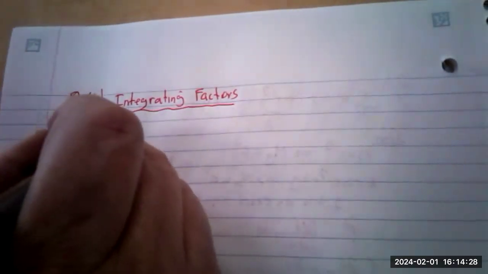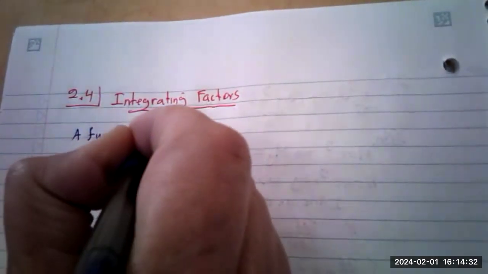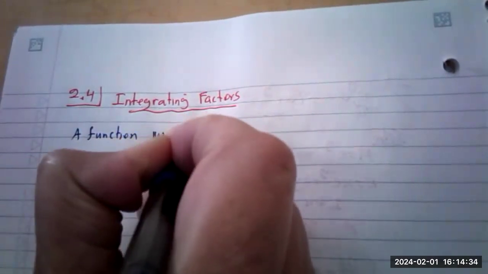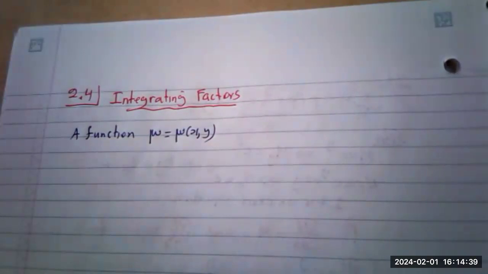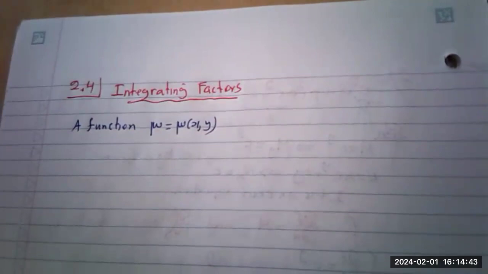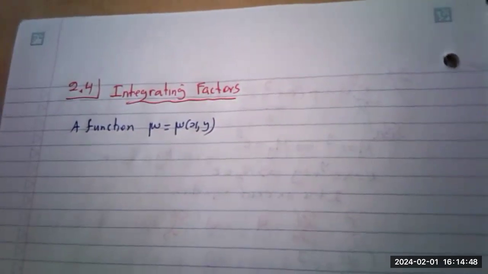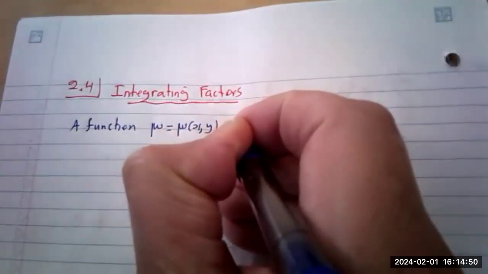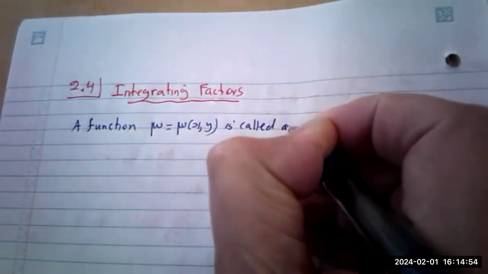You see, the definition is, if you have a function usually denoted by mu, like the one that you did for the linear equation, that's an integrating factor. That was easy, so that's why we talk about it. So a function mu, which is going to be a function of x and y in general, is called an integrating factor.